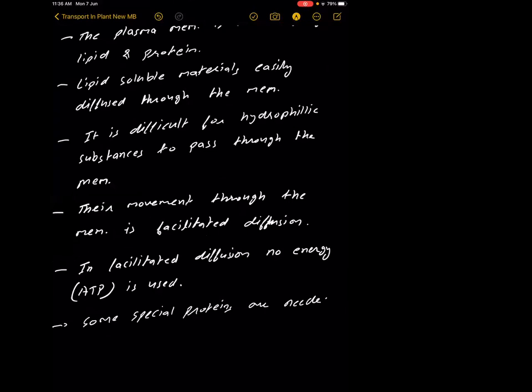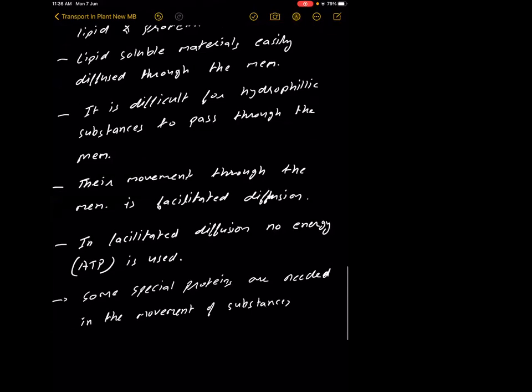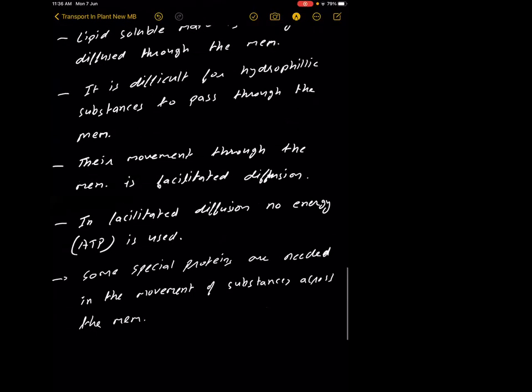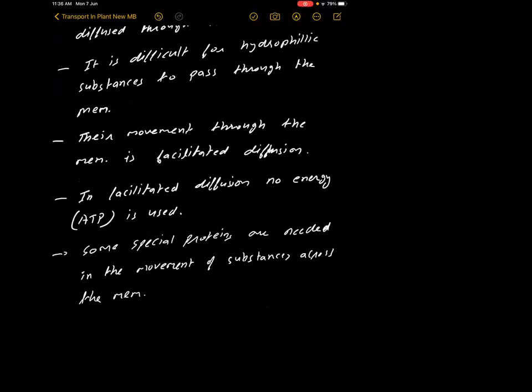They are needed in the movement of substances across the membrane, without expenditure of ATP.